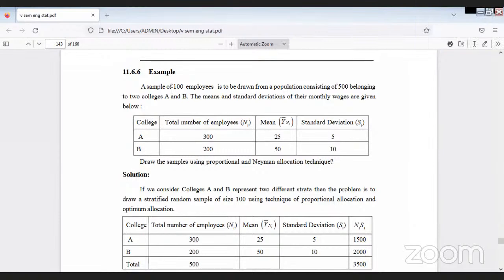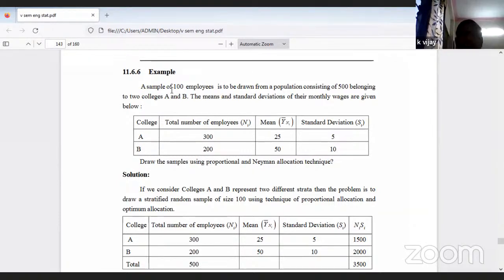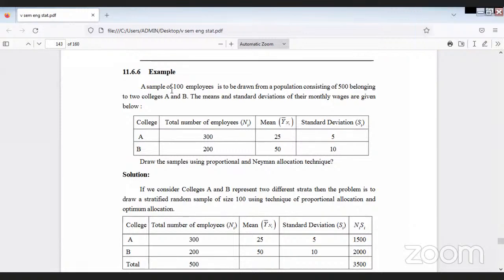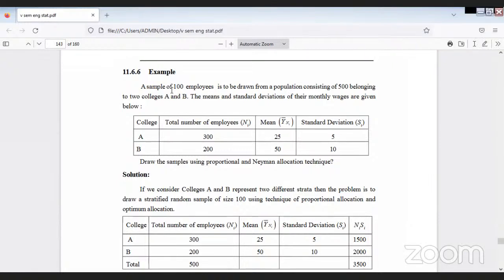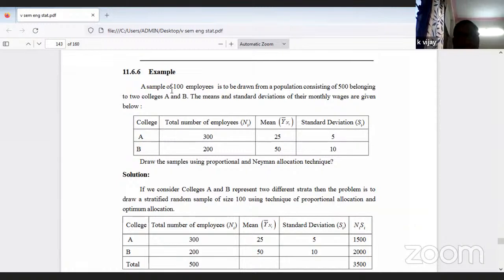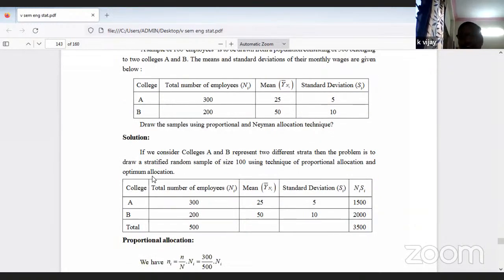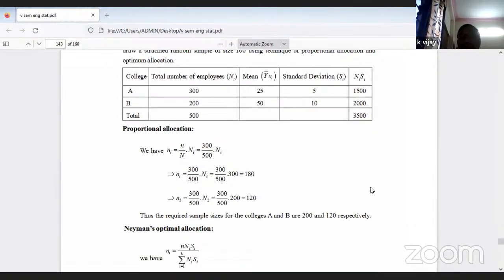Sir, Ni and Si are given in the question. Ni and Si are given, and we multiply. You tell us to multiply, it is not given as a direct value. No, sir, we should multiply and then write. I learned from your side. That's why I'm asking. And that is 2000, as per 200 into 10, 2000. That is a total of 3500.